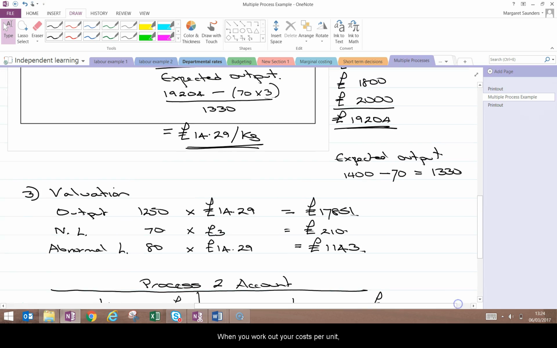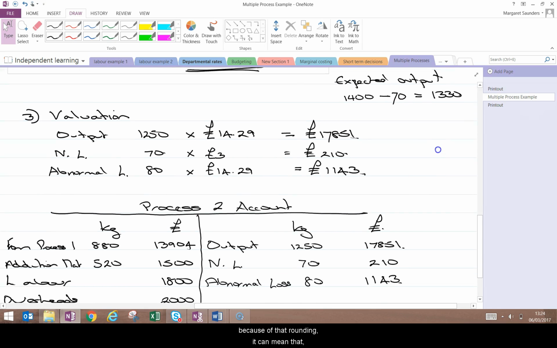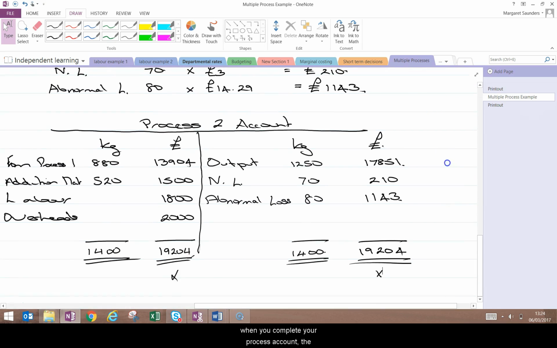When you work out your cost per unit, in this example 14.29, you need to keep that to 2 decimal places, so you will be applying normal rounding rules, which you will then use. However, because of that rounding, it can mean that when you complete your process account, the value on the credit side and the value on the debit side in terms of totals may not agree. That is perfectly acceptable.